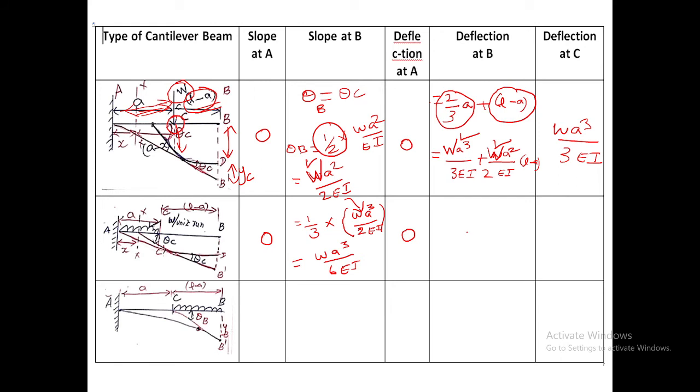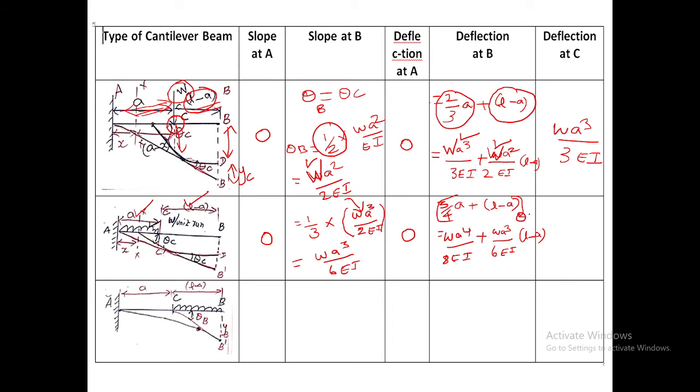Deflection at point B: three by 4 a plus L minus a. Okay, a remaining distance L minus a. So, 3 by 4 a plus L minus a. The answer is W a power 4 divided by 8 EI plus W a cube divided by 6 EI into (L minus a), into theta b.